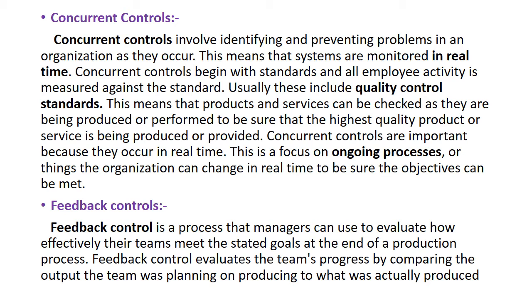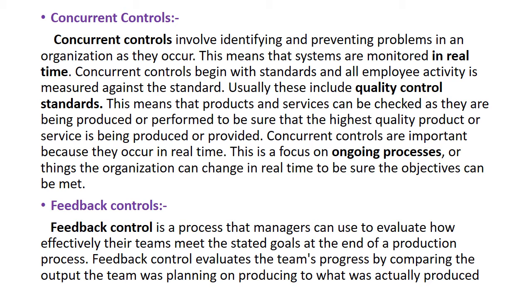Concurrent control is real time, it is based on quality control standards, and it is an ongoing process. That means whenever something happens, at the beginning stage itself, the checking is done. Concurrent controls begin with standards, and all employees' activity is measured against the standard. That means quality is maintained here.